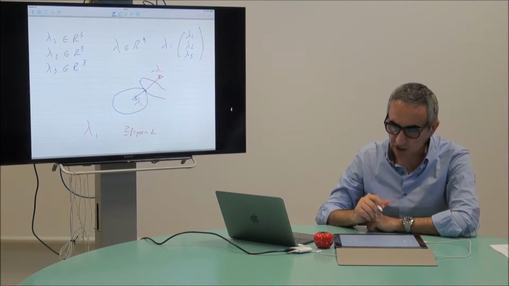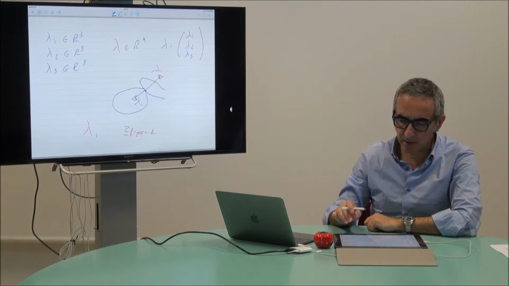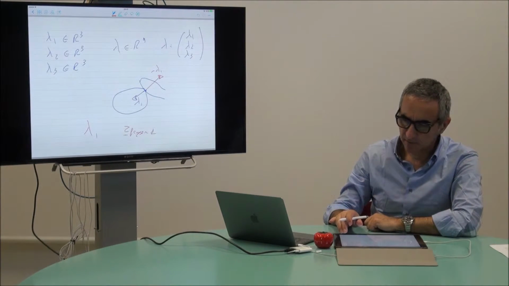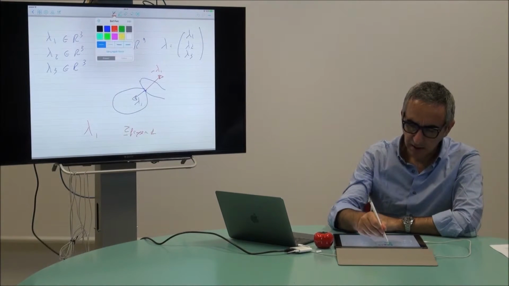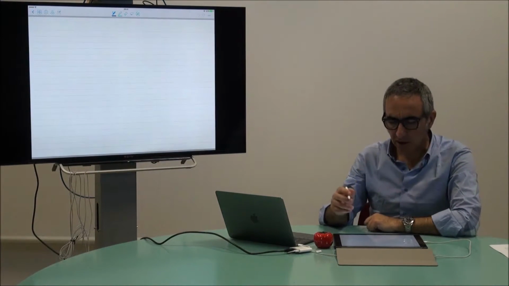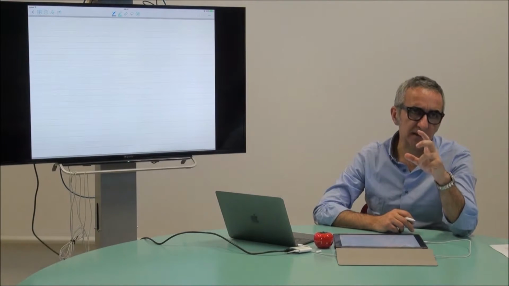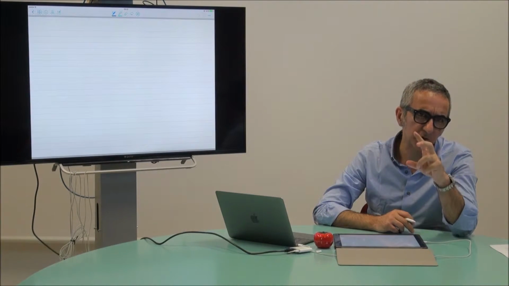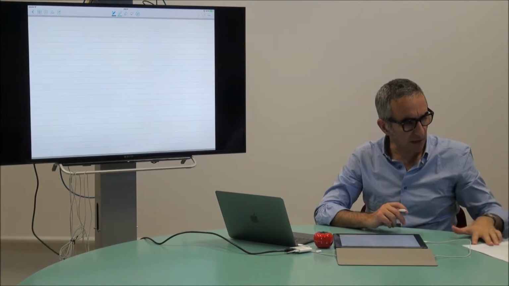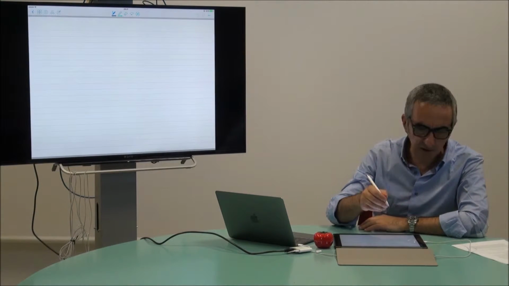So what I want to say in general, if you remember the previous lecture, is that when you consider the dynamics of the hand or of the finger or of 3 fingers, then you can summarize the dynamics of the hand in this way.